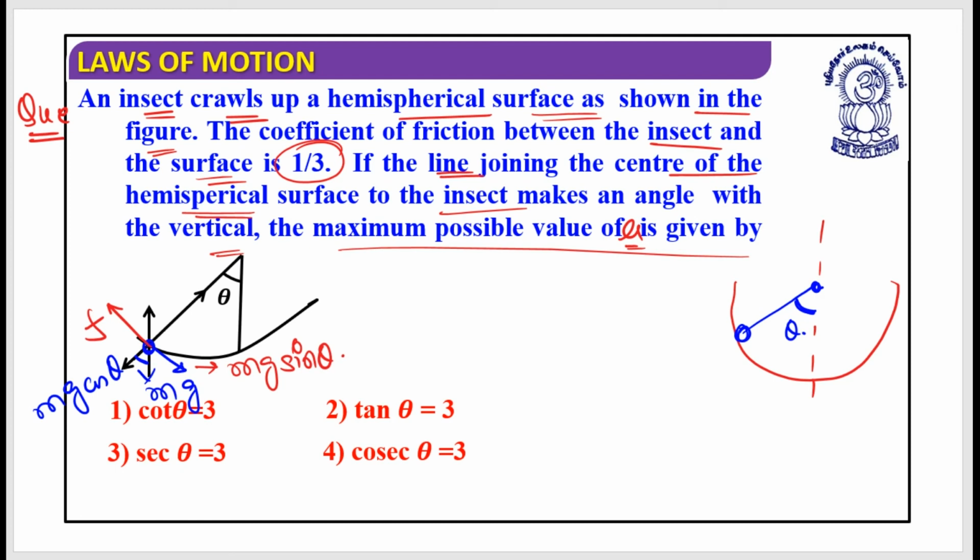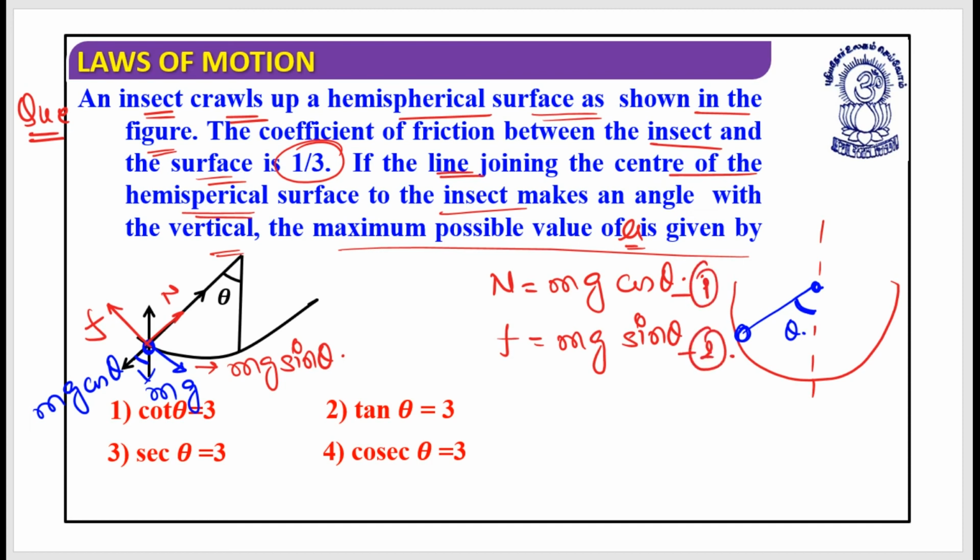So what I can write is, N equals mg cos theta, where N is the normal, and friction could be written as mg sine theta. Let's assume this is relation number 1, this is relation number 2. If I take 2 divided by 1, it would be f divided by N, mg gone, and this is equal to tan theta.